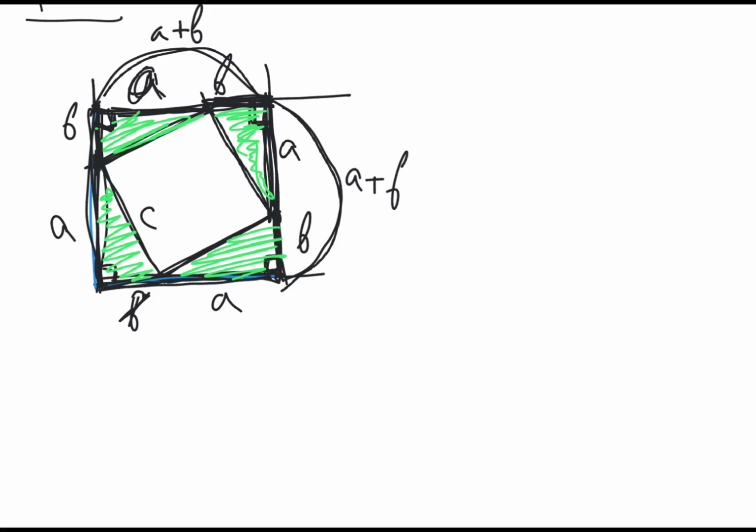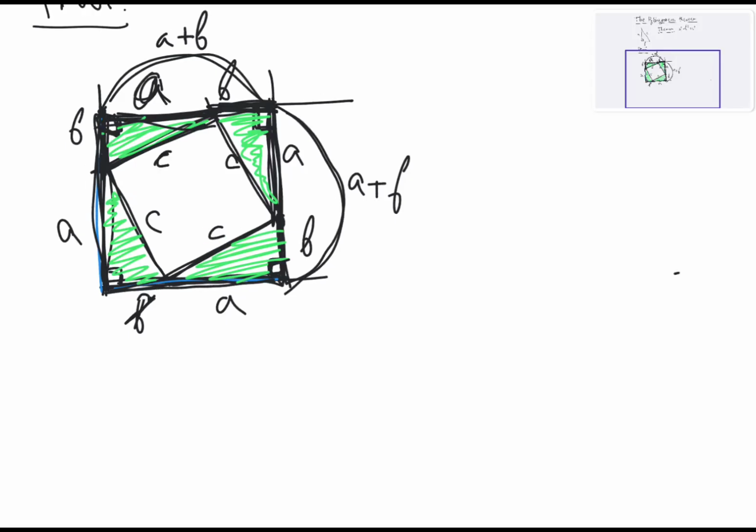One of the angles is a right angle, and they all have the same sides, A and B, the sides of the right angle. So therefore all four of them are equal to each other, right? So this means that this side is also C everywhere. So these four segments must be equal to C, all of them.